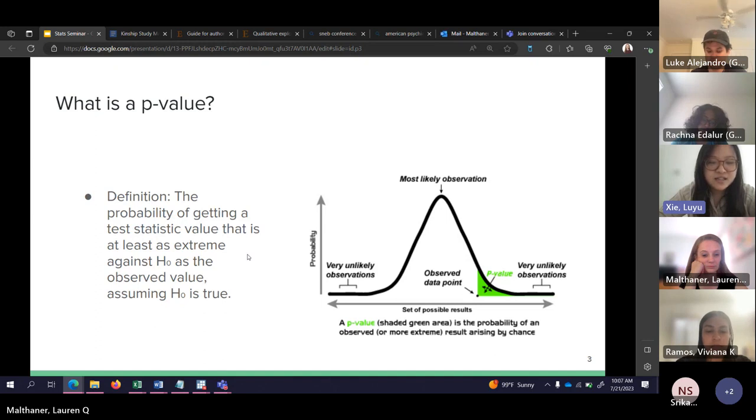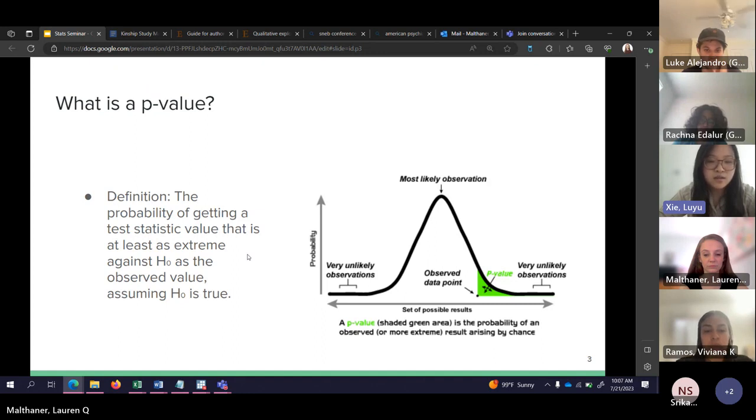But as you can see, the bell-shaped curve on the right hand, if you think about your data, if it's normally distributed, the most likely observations are in the middle, and very unlikely observations are at the two tails. A p-value, which is the shaded gray area, is the probability of unobserved or more extreme results arising by chance.